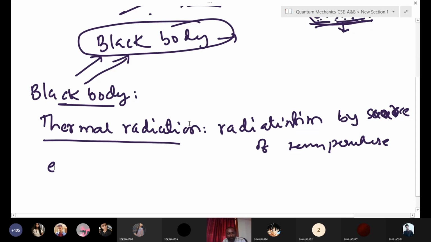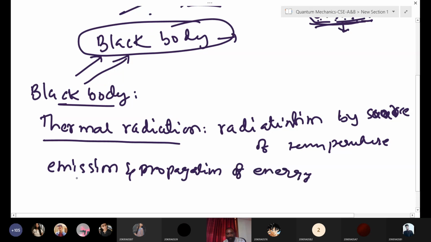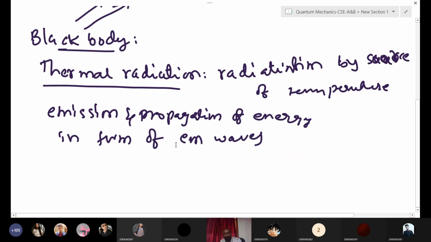Simply, radiation means emission of light, emission and propagation of energy in the form of waves or EM waves, depending on the topic where we are discussing. Radiation is the emission and propagation of energy in the form of waves or EM waves.